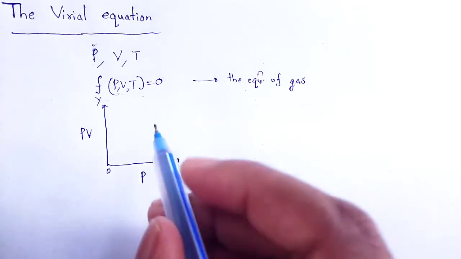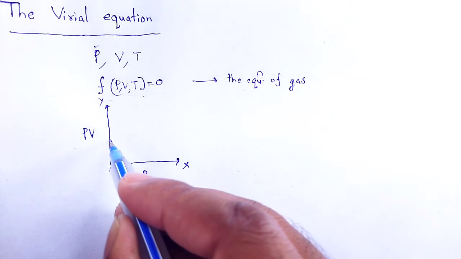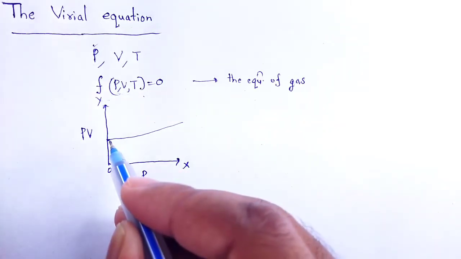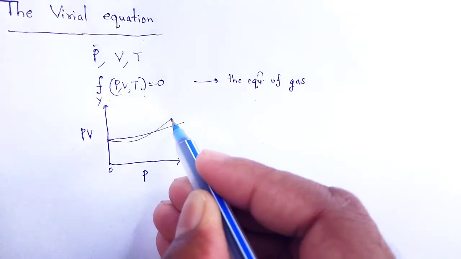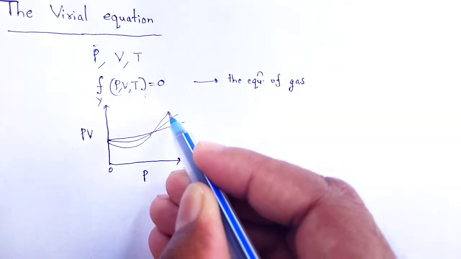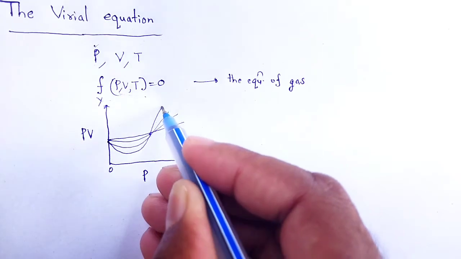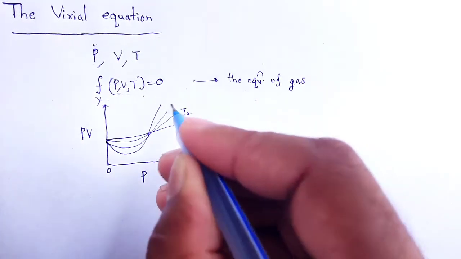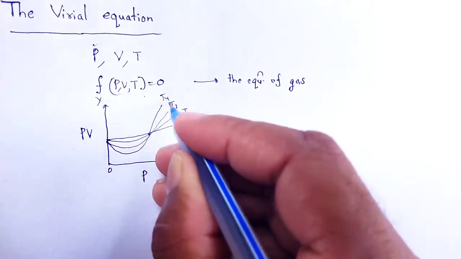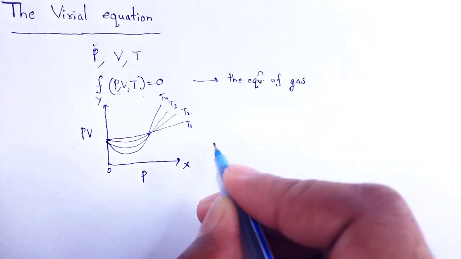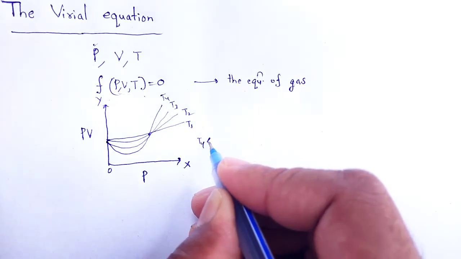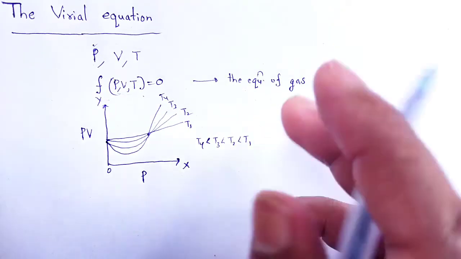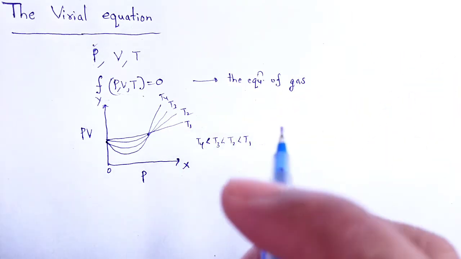If we take the temperatures, as we have already studied, these are the temperatures T1, T2, T3 and T4, and the temperature order is T4 is less than T3 is less than T2 is less than T1, that I have already discussed.